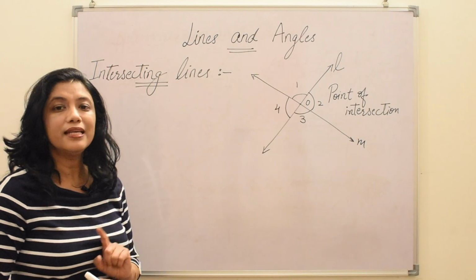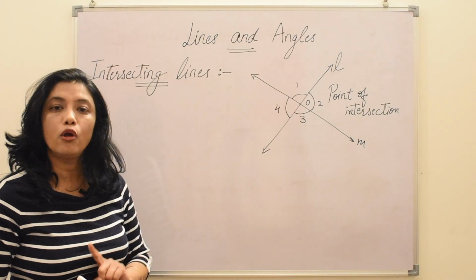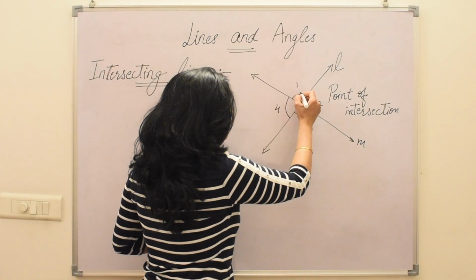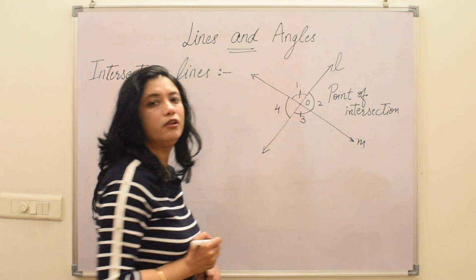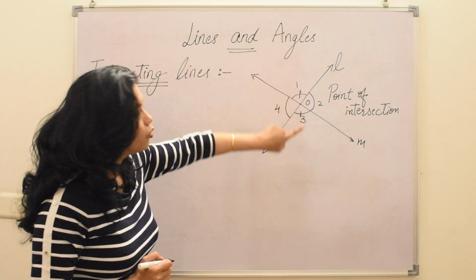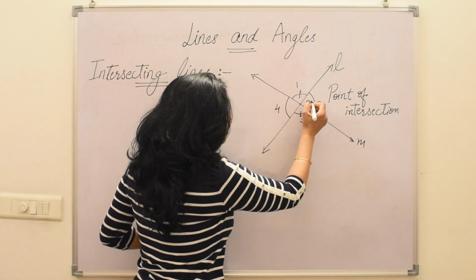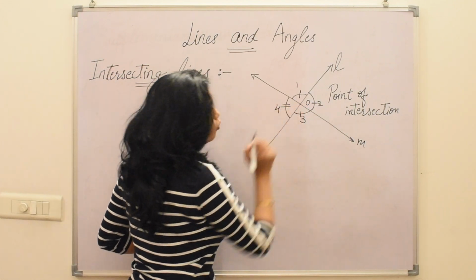Now whenever two lines intersect, the opposite angles are always equal. Opposite angle means angle 1 and angle 3 will be equal. Angle 1 is equal to angle 3. Angle 2 is equal to angle 4.